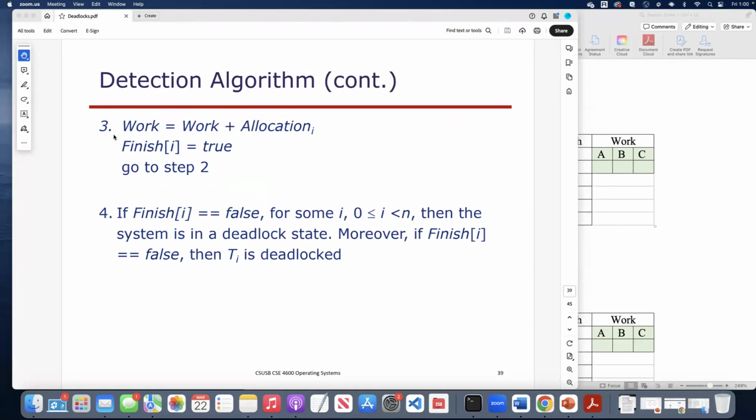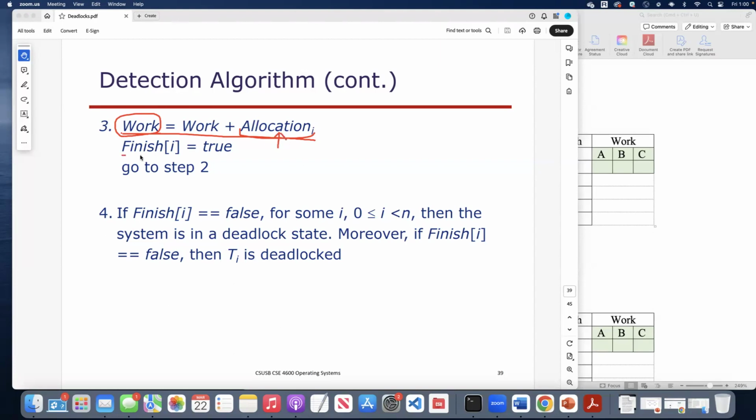Step 3 means update work. Work equals work plus allocation i. This means this unfinished thread can finish, and this thread will release all the resources allocated to it. So we update the current available resource vector with the resources allocated to thread Ti.